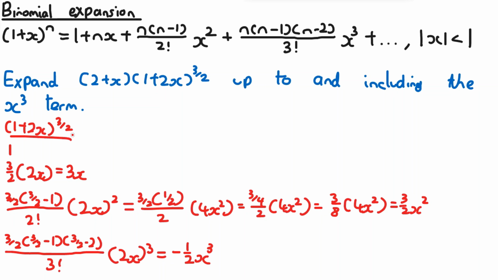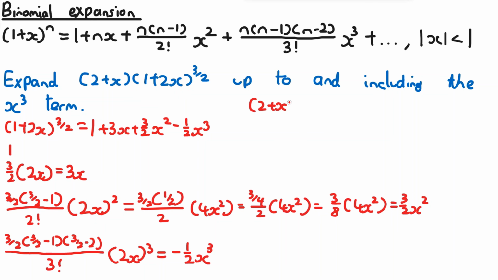So therefore this expansion here is equal to 1 plus 3x plus 3 over 2 x squared minus a half x cubed, and then we need to multiply this by the 2 plus x, because it's these two multiplied together.